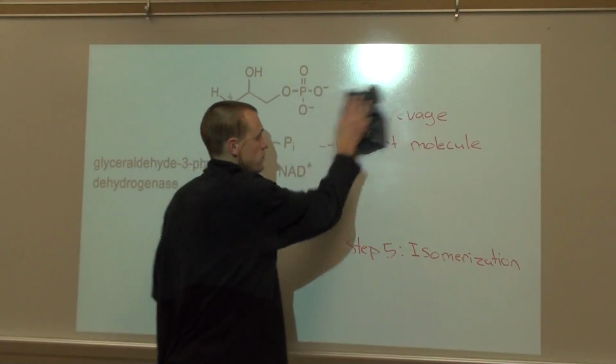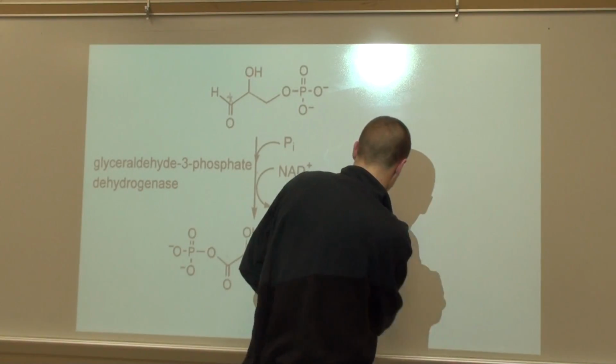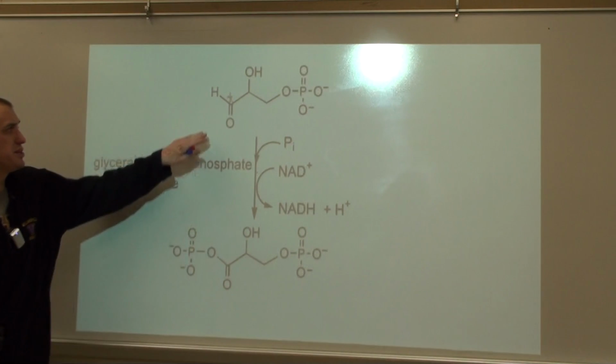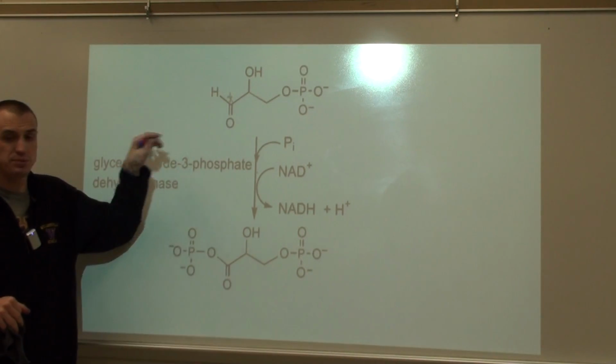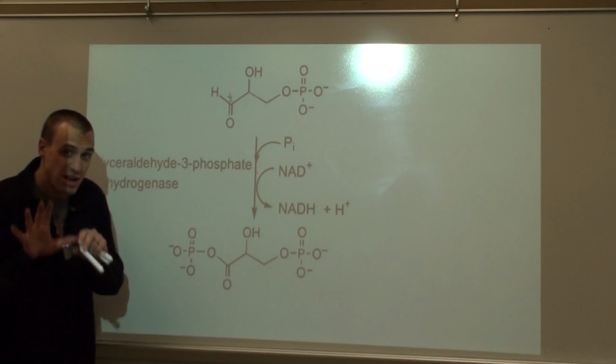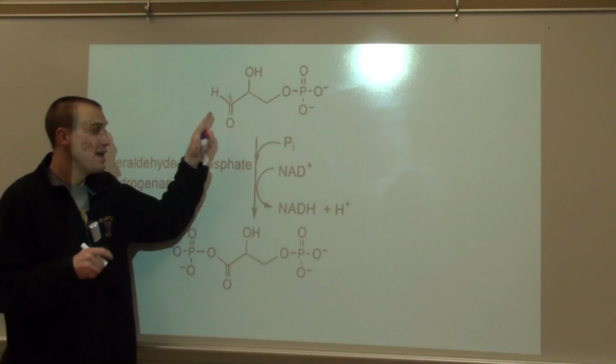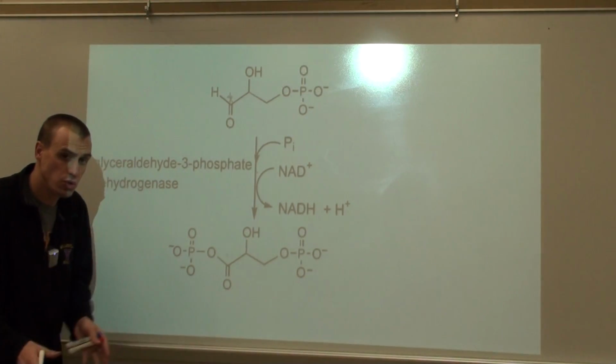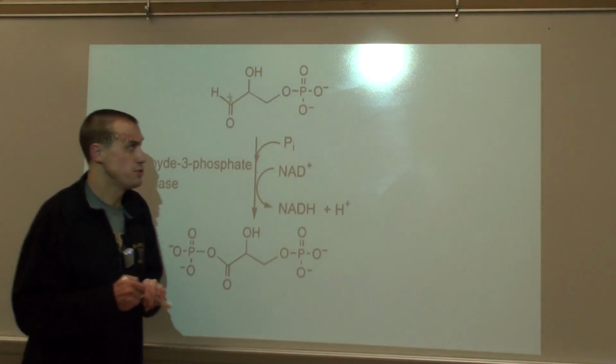So, again, we've gone through that isomerization process, and what we have up top here is that glyceraldehyde 3-phosphate. Now, something to keep in mind throughout the next 5 steps is that we have 2 of everything that is produced.